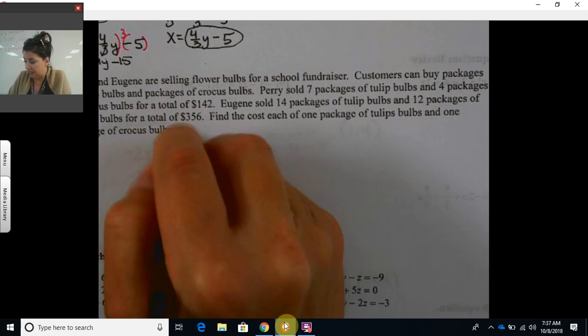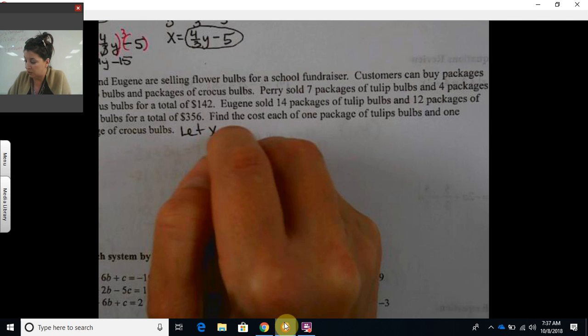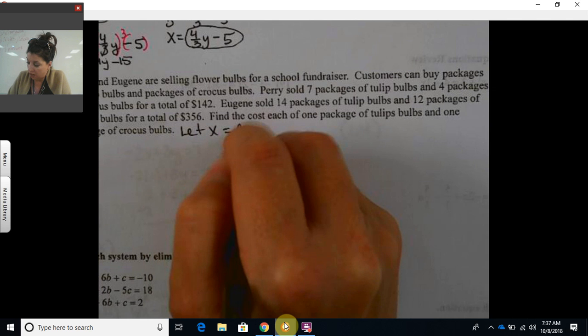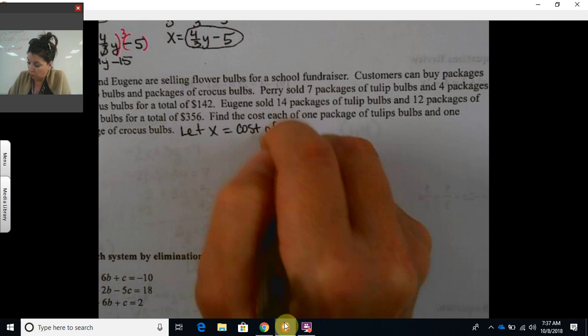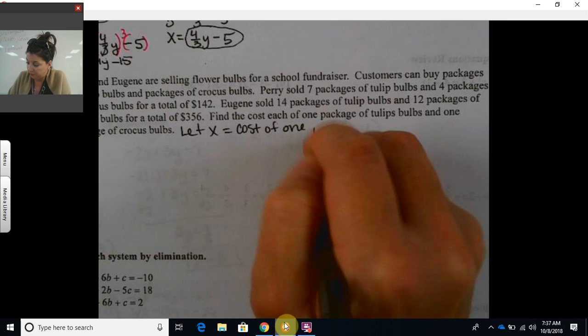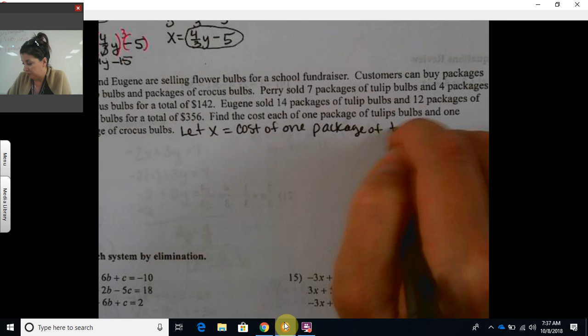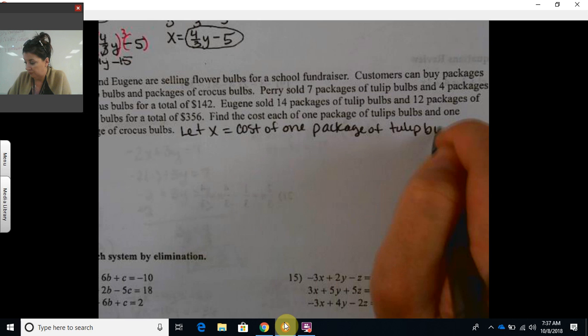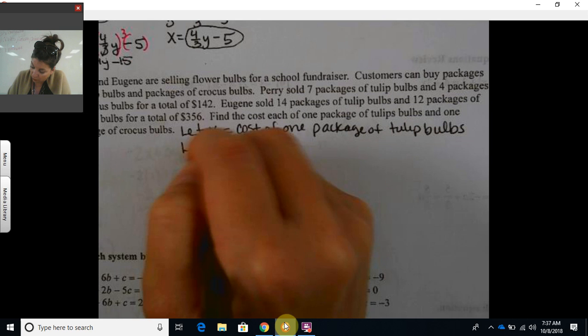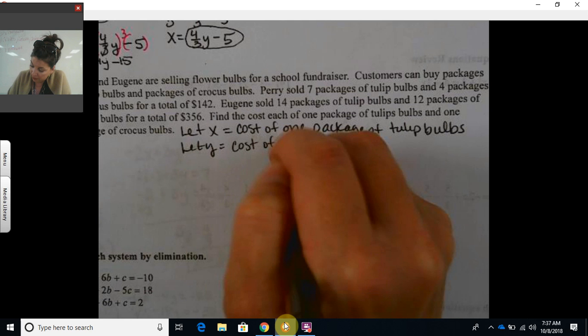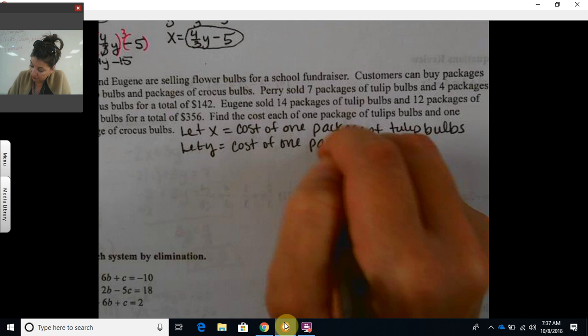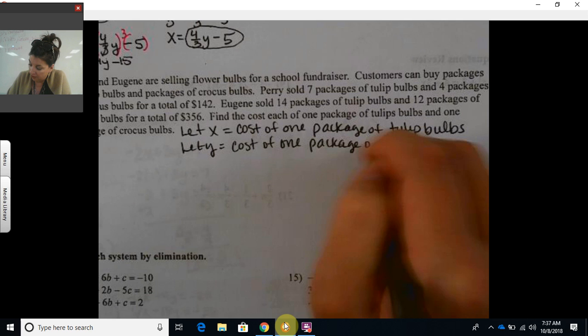So I'm going to let x equal the cost of 1 package of tulip bulbs, and I'll let y equal the cost of 1 package of crocus bulbs.